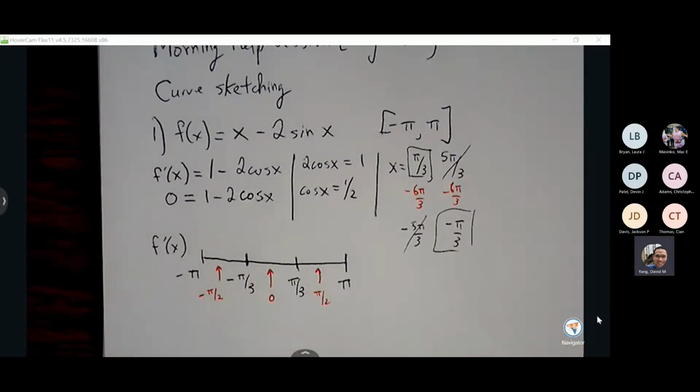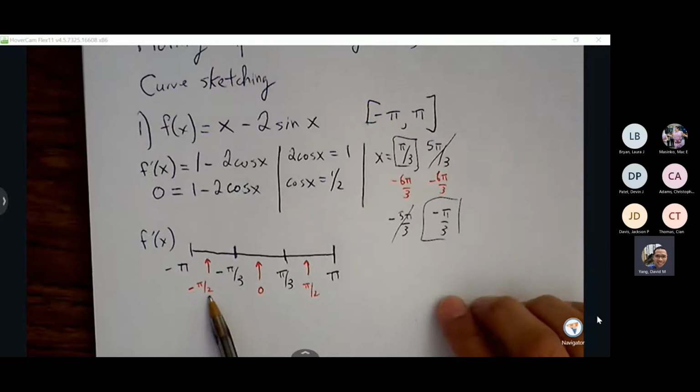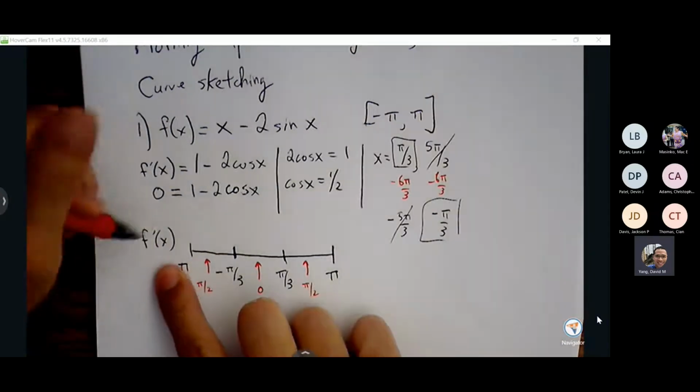Okay, let's test these intervals here. So I'm going to put negative pi over 2 into f prime.